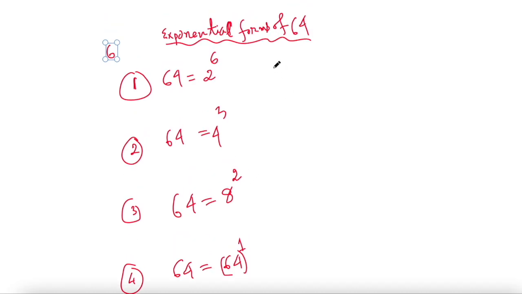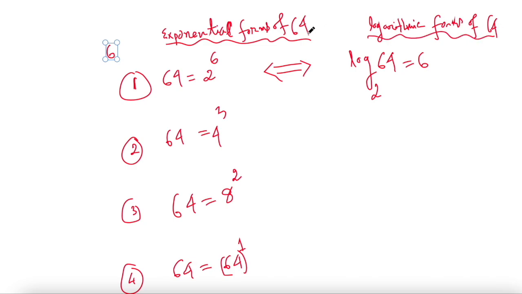Now the corresponding logarithmic form of 64 will be what? Depending on base 2, 4, 8 and 64, we can write logarithm of 64 to the base 2 is equal to 6. So this is the logarithmic form of 64. This one is the exponential form of 64, and this one is the logarithmic form of 64.